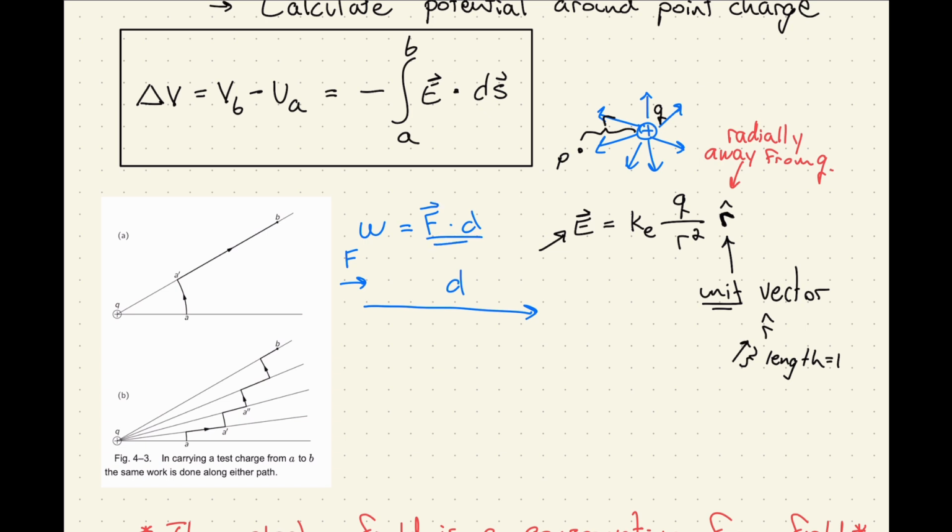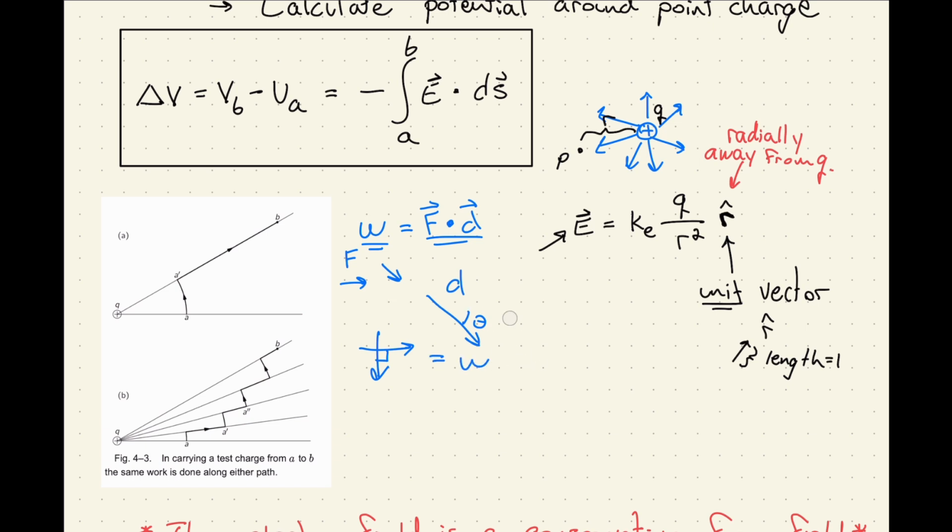Then I told you guys why the dot product is important, because if you had a force pointing in some other direction, then this angle here between the force and the distance, the dot product will help you find the total work done, because work done in perpendicular directions like this is equal to 0. So work equals 0 there.